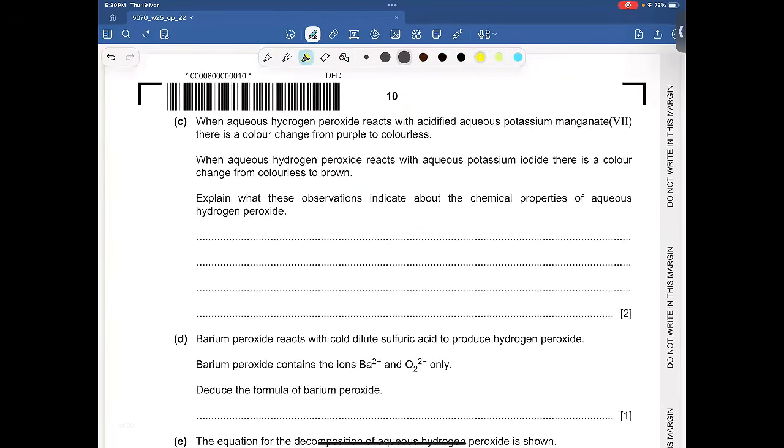When aqueous hydrogen peroxide reacts with acidified aqueous potassium manganate(VII), by the way, in this reaction, H2O2 is acting as a reducing agent.